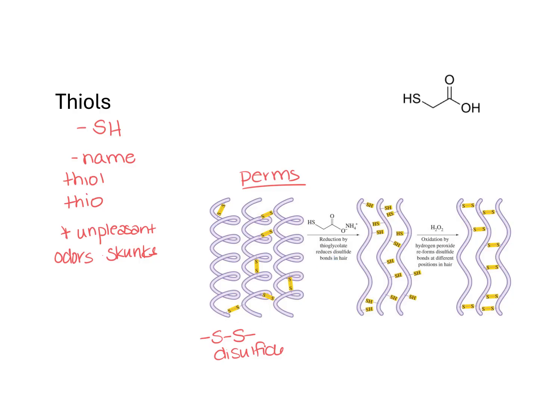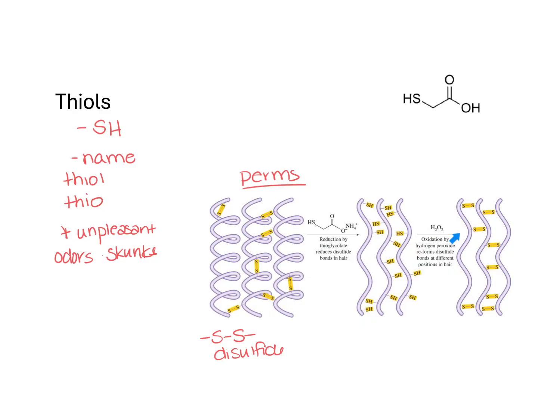So if you've ever had a perm, a lot of times they'll put a substance on your hair that smells really bad at the beginning, right? And when they do that, it breaks all the bonds. So all of these bonds are broken. And either they straighten your hair or they put your hair in curlers, and then it undergoes oxidation.